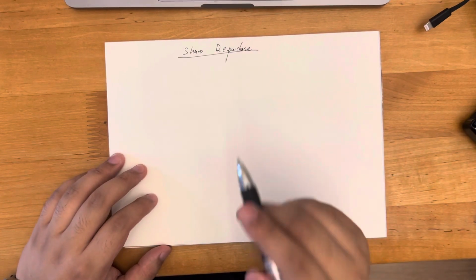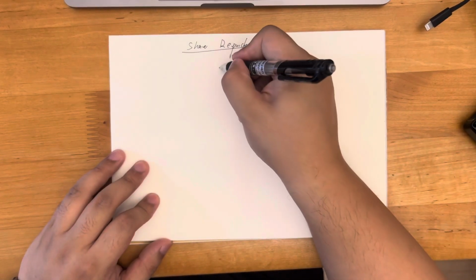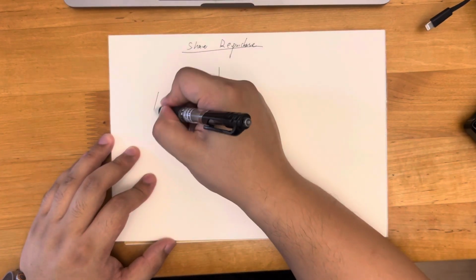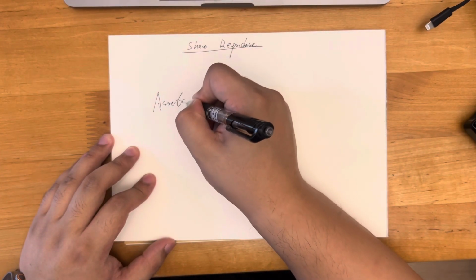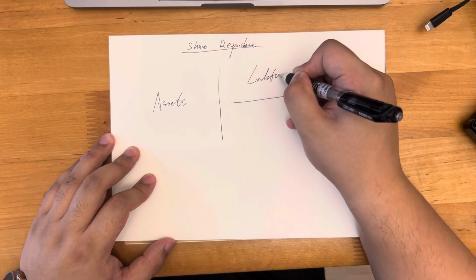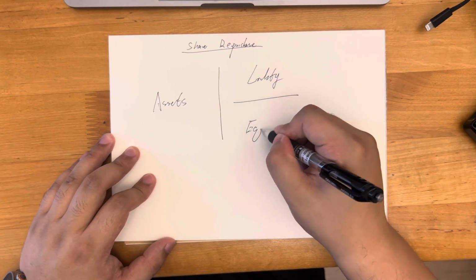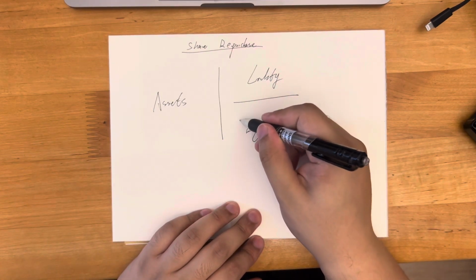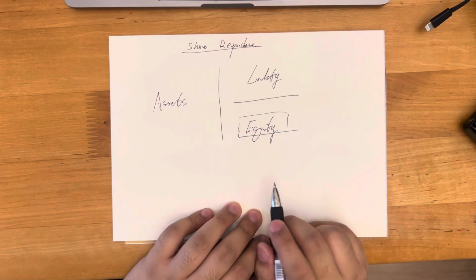But let's talk about another thing. If you look at the company's balance sheet, we've got assets, liabilities, and equity. If you own the share, you own a part of the equity.